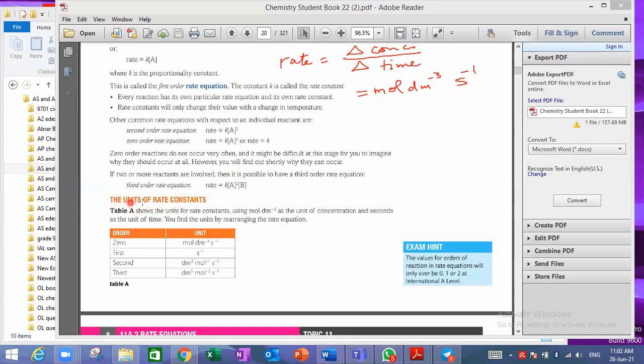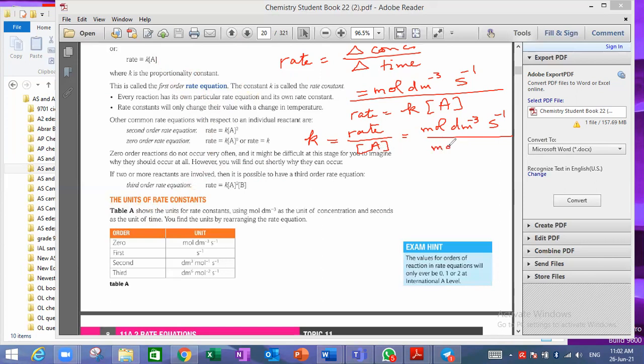But if we want to know the units of the rate constant, of course, it depends on the rate equation. If our rate equation is that the rate equals the rate constant times the concentration of one of the reactants, A, this means that the rate constant equals the rate divided by the concentration of A. The unit of the rate is mole per decimeter cube, second minus 1, divided by the concentration of A, which is mole per decimeter cube.